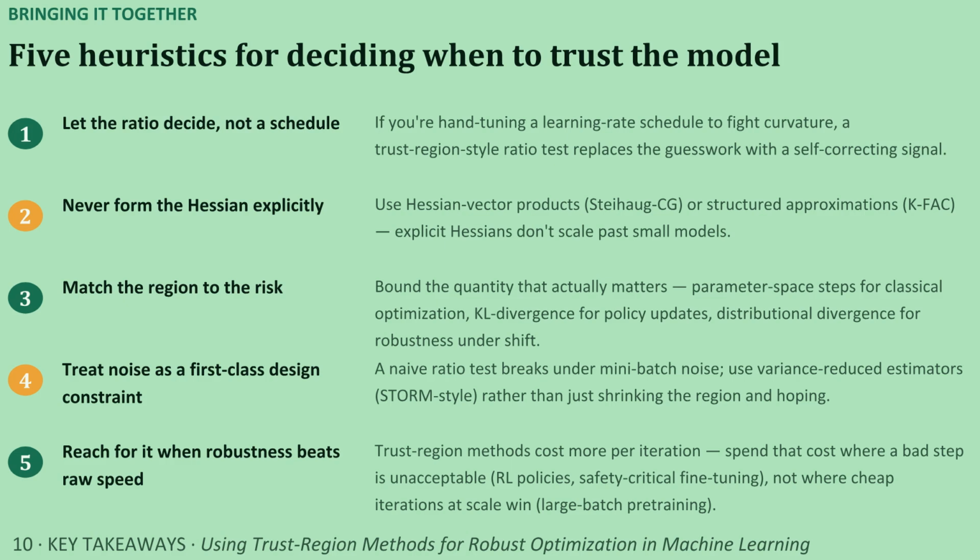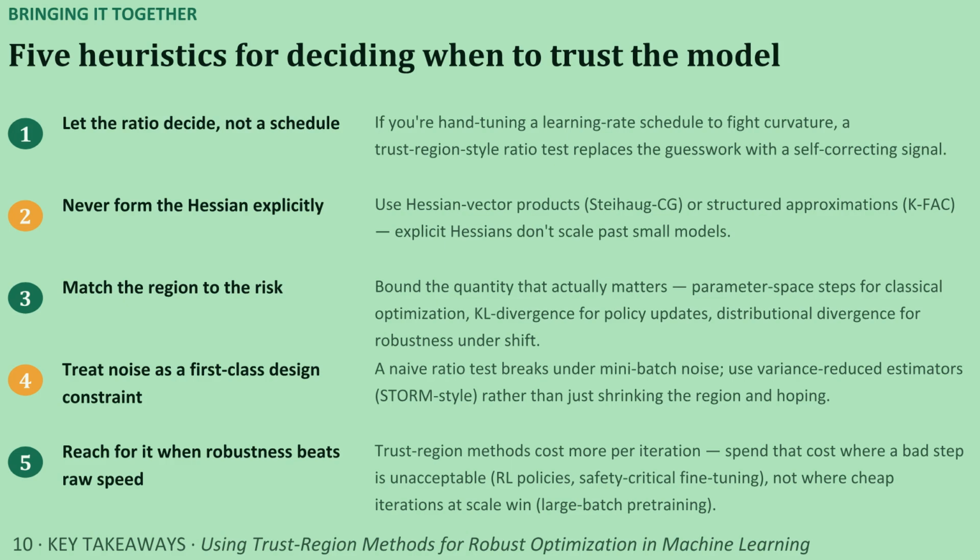3. Match the region to the risk. Bound the quantity that actually matters for your system. Parameter space steps for classical optimization, KL divergence for policy updates, distributional divergence for robustness under shift. 4. Treat noise as a first-class design constraint. A naive ratio test breaks under mini-batch noise.